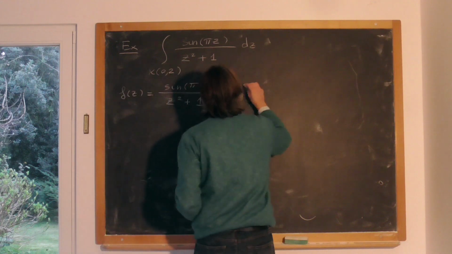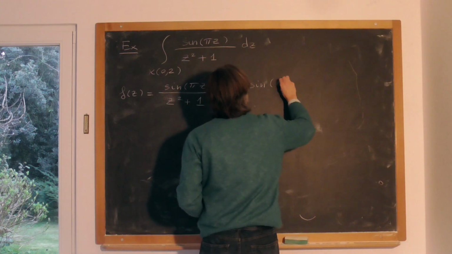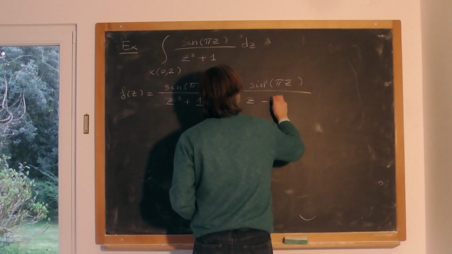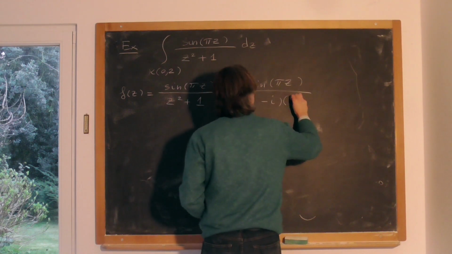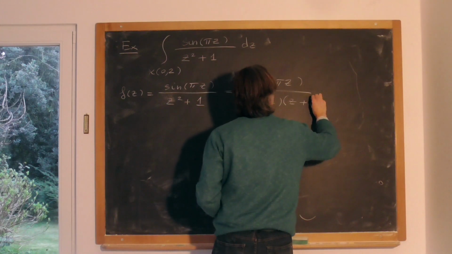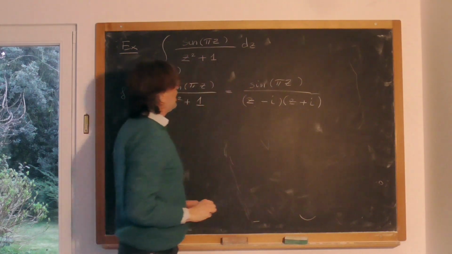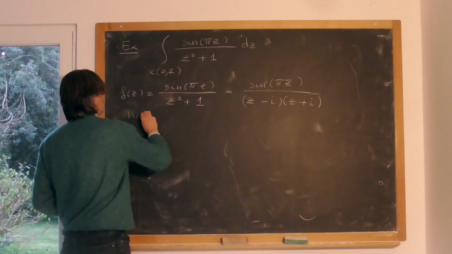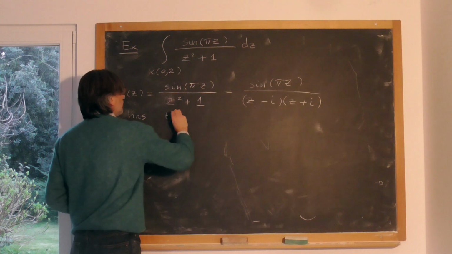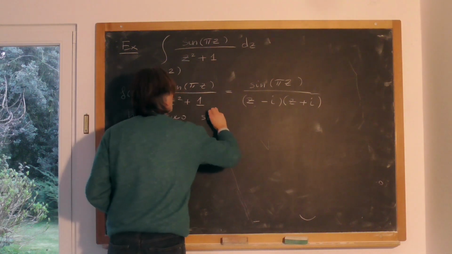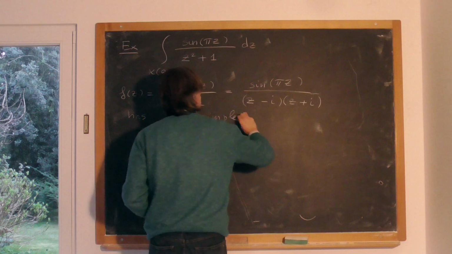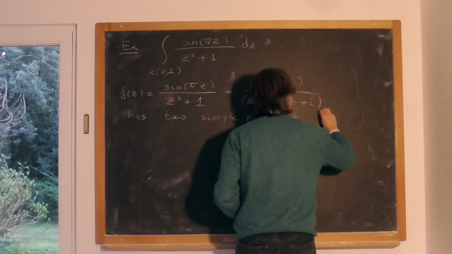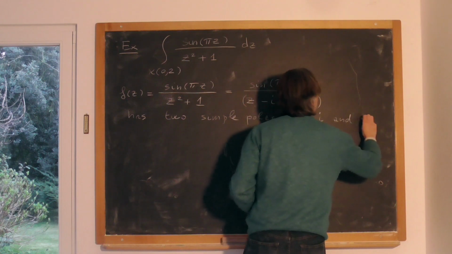So this is just sine of pi z divided by (z minus i) times (z plus i). And this formula shows that this function f has two simple poles at i and minus i.